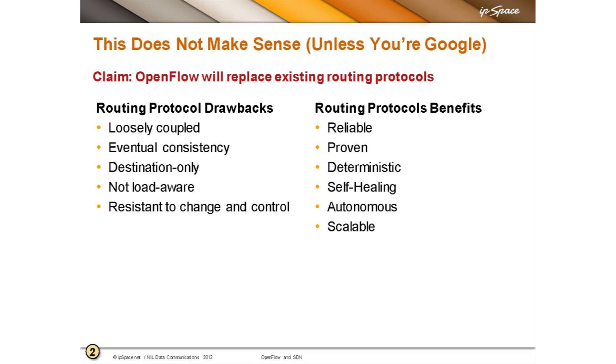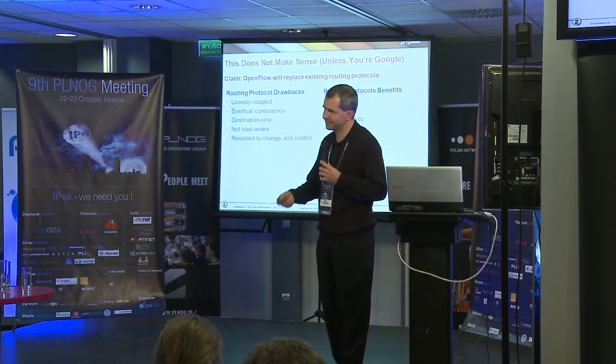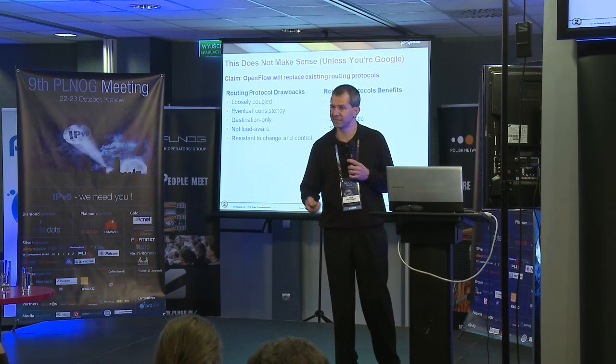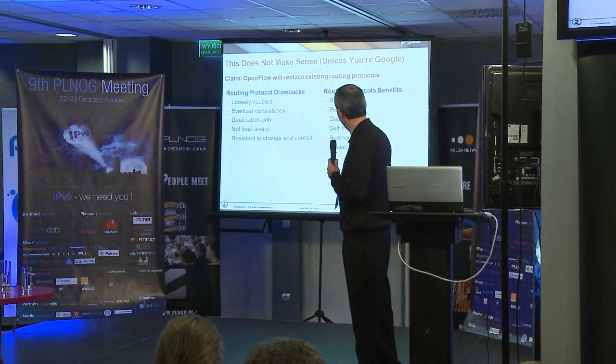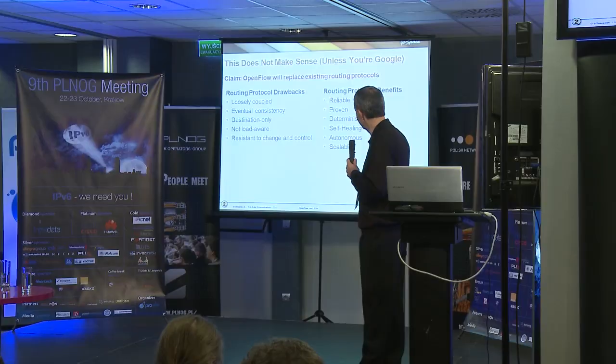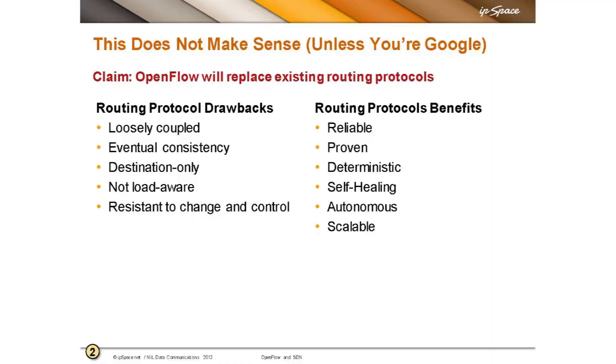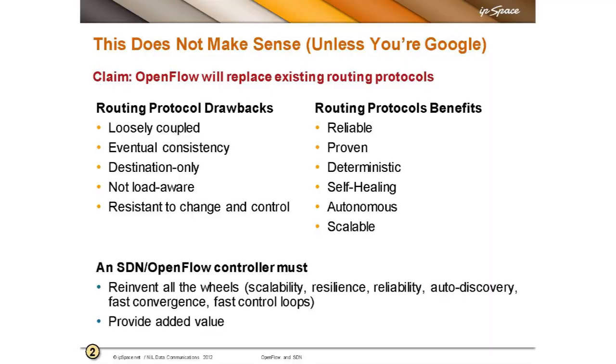It's also true that they are reliable. They have been proven. They are deterministic. They are self-healing. They're autonomous, and they scale. So these are all the things that you have to reinvent with a controller-based architecture. So you must reinvent all the wheels.